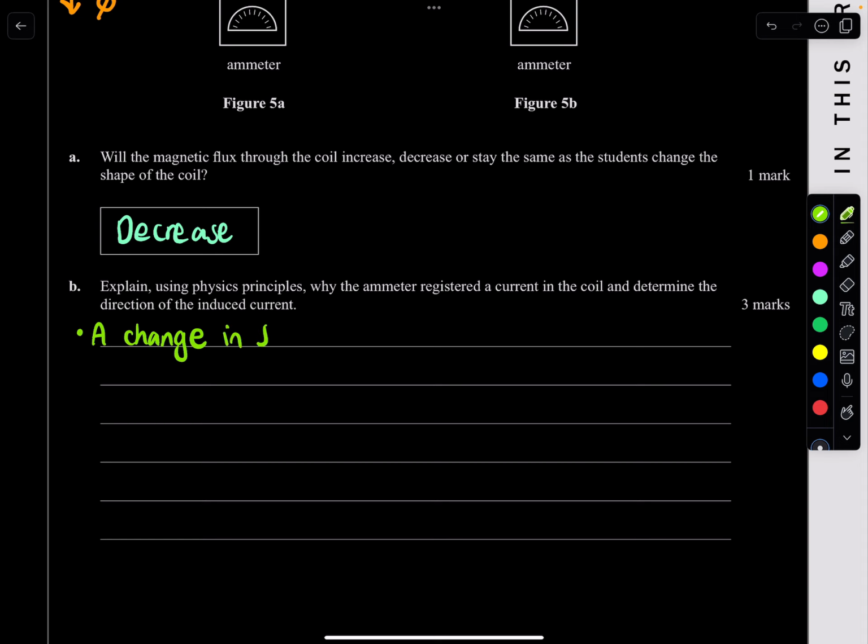So a change in flux induces, because we want to explain why the ammeter registers current, a voltage in the coil from this formula, which remember is N times the change in magnetic flux over change in time.